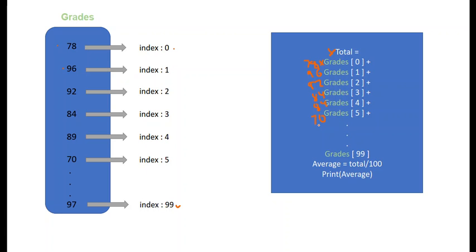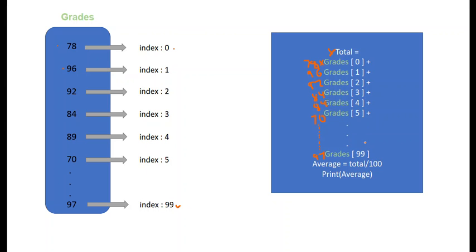And we keep doing that manually for all the grades in the list, all the way to the last item in the list, which is grades of 99, and that is 97. So what we actively did is that we have referenced 100 list items manually. Now, as you can see, this is completely inefficient. But let's stick to the plan.